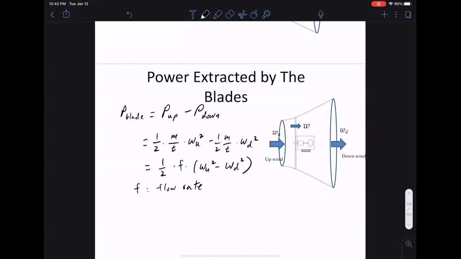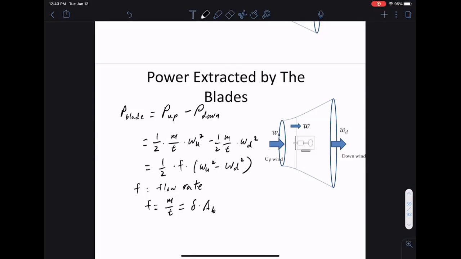To compute the flow rate, we need the speed at the turbine itself. The flow rate is m over t. This is the density of air times the area swept out by the blade, which we know, since we know the size of the blade and can compute this area.